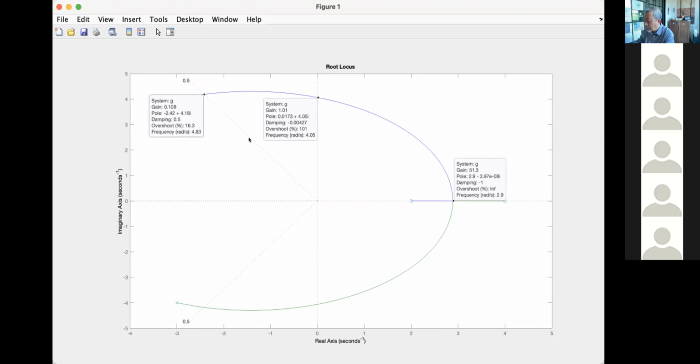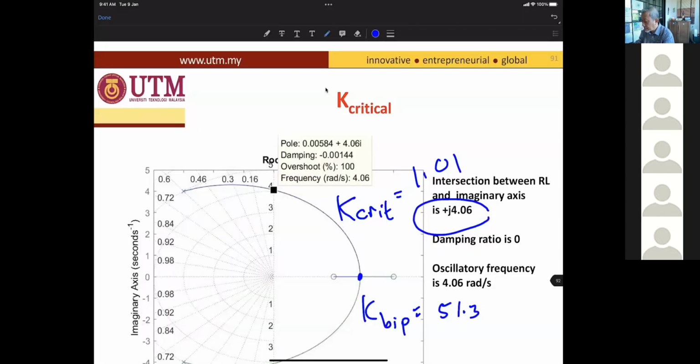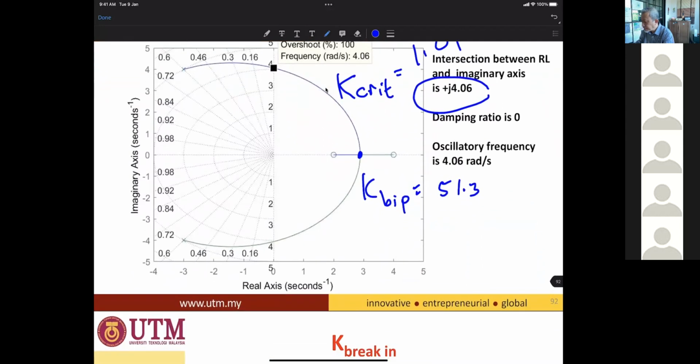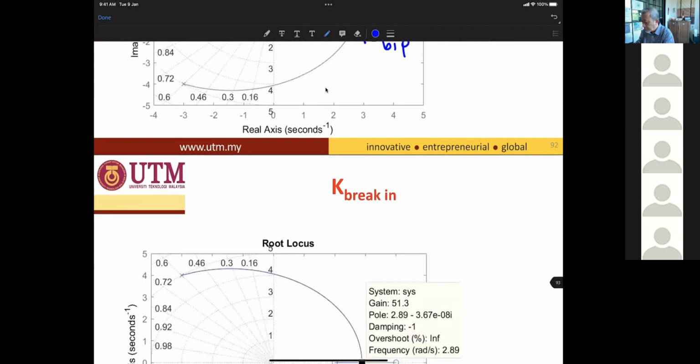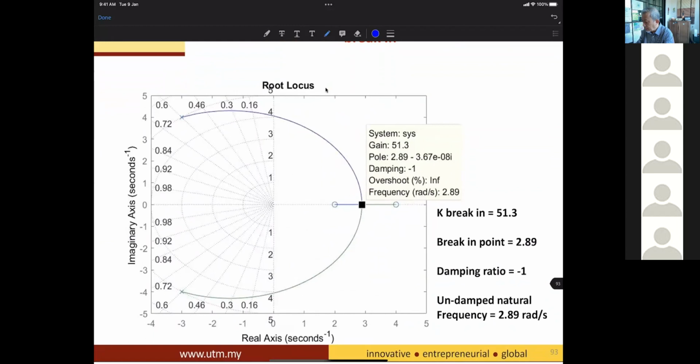Dan intersection ni nanti kita tengok. Okay. Nampak? So K break in kat sini 51.3, 2.89, and then the damping ratio is -1.